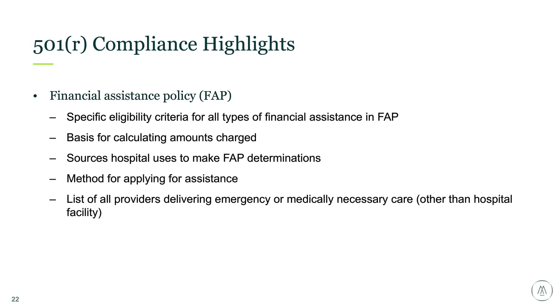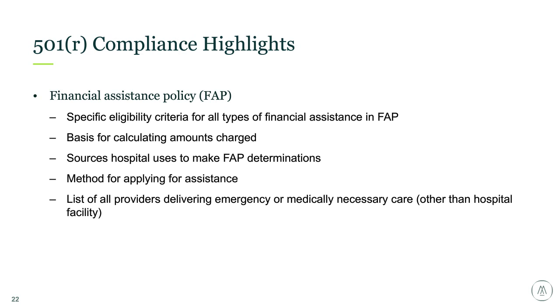Medical indigency and hardship eligibility criteria should be specified and not discretionary based on facts and circumstances. It needs to list the sources that the hospital uses, and the method for applying for assistance. And another key one is to list all providers delivering emergency or medically necessary care.